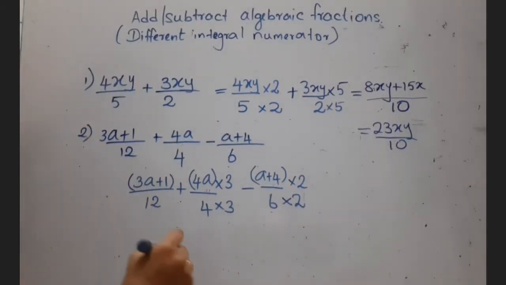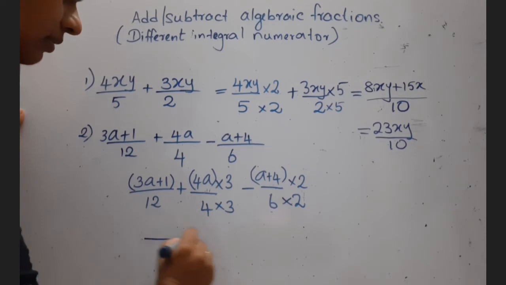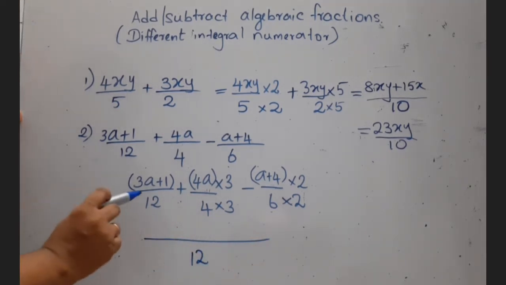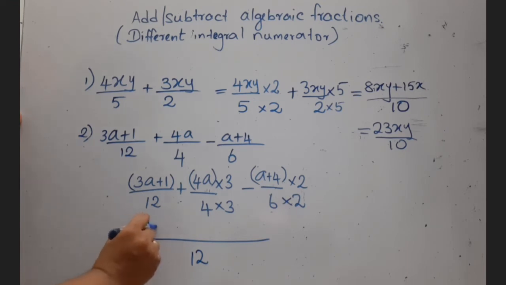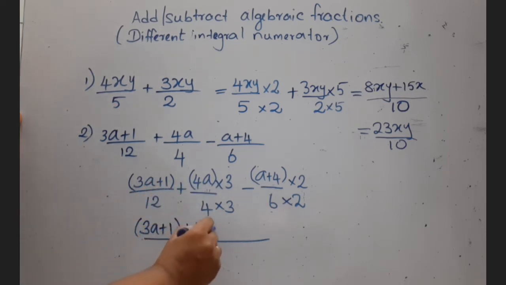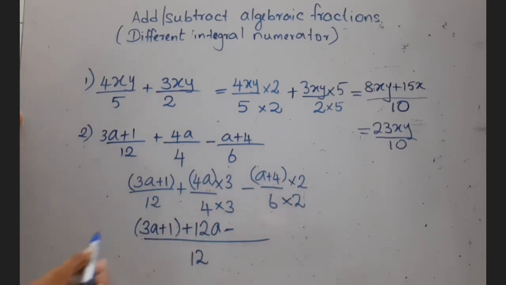Okay. So now let's write this below. It's going to be 12 and here 3a plus 1 plus 4 into 3 is 12a minus 2 should be multiplied with a plus 4.